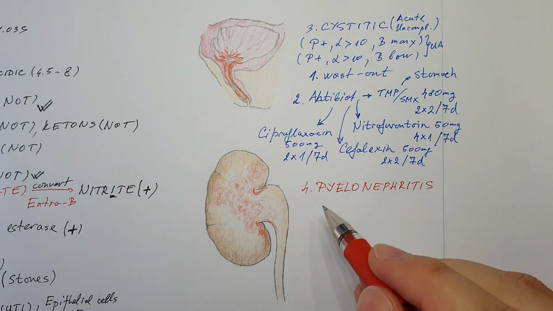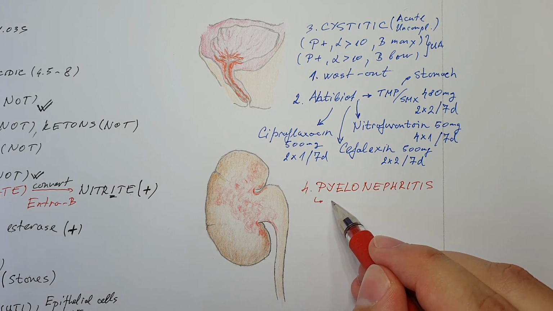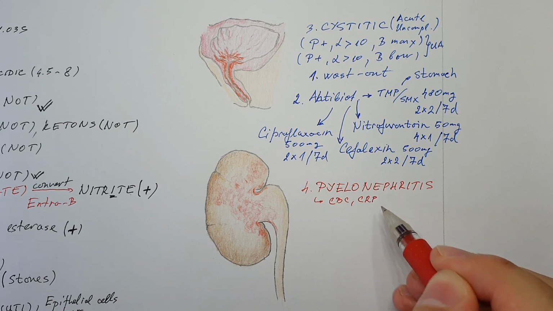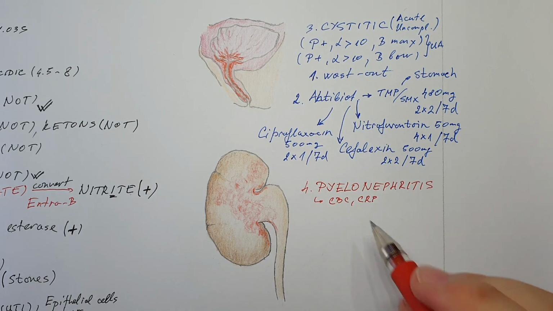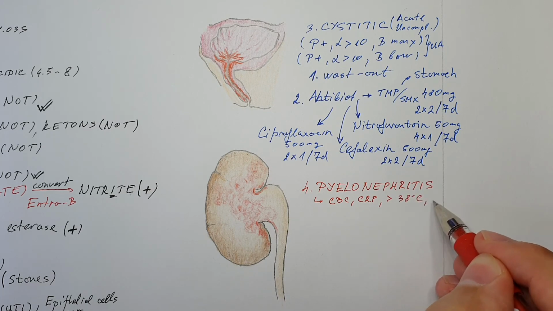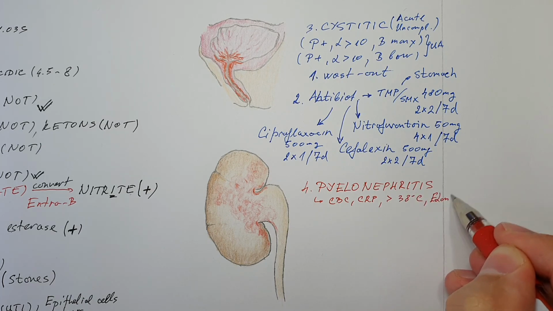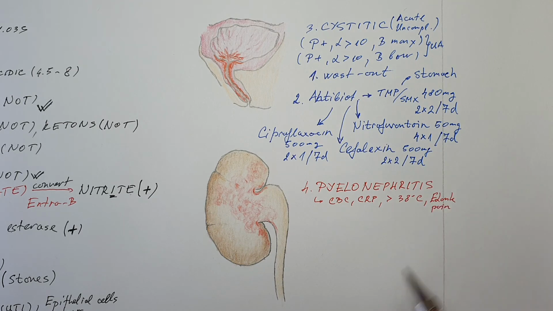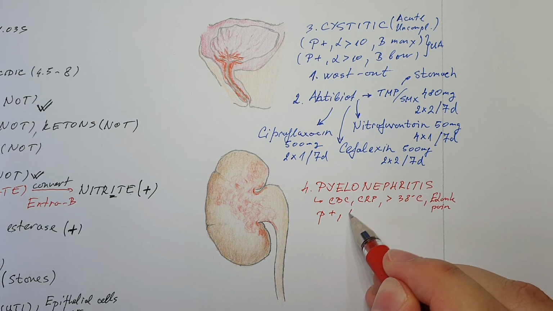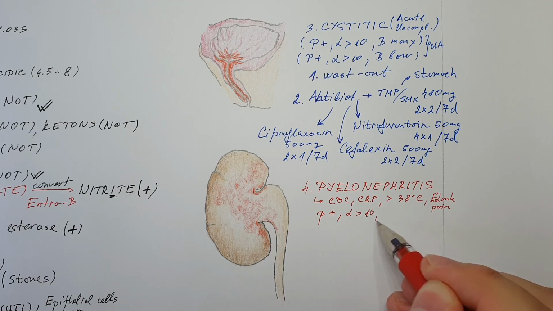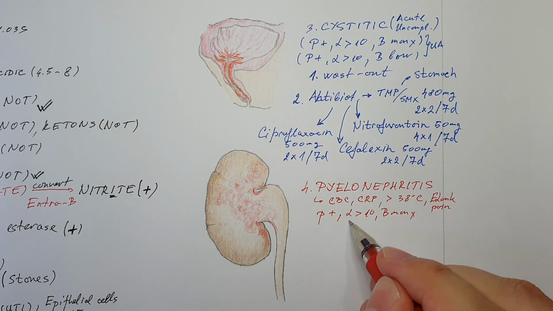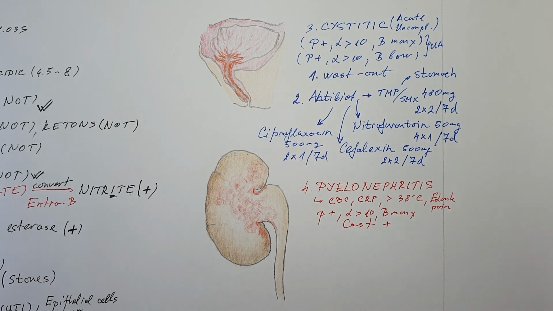In this disease, we would need to do a complete blood count and also C-reactive protein. These patients would present with high fever and flank pain. In the urine, they would have positive proteins, many leukocytes, many bacteria, and also positive casts.